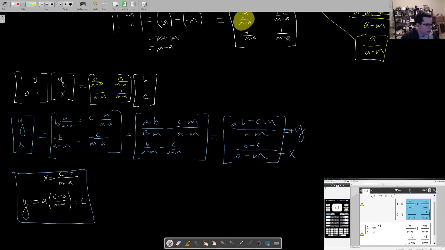If we simplify this out, a times b minus c times m over a minus m. How can we simplify that?